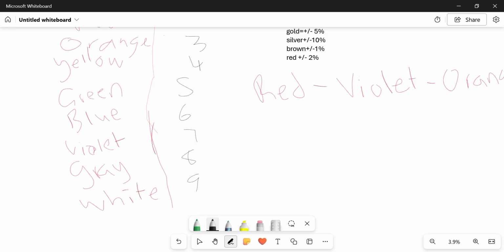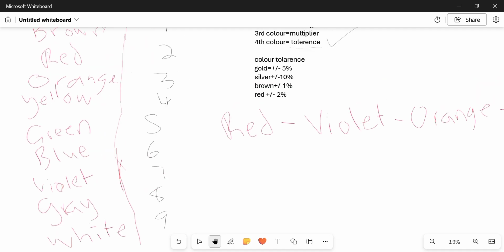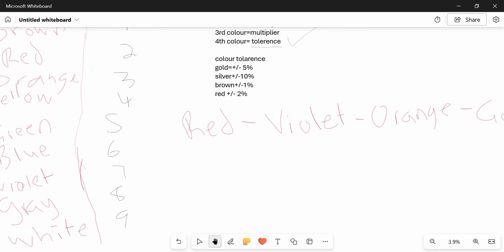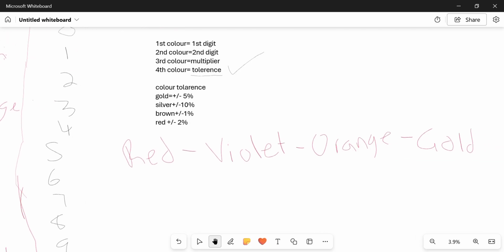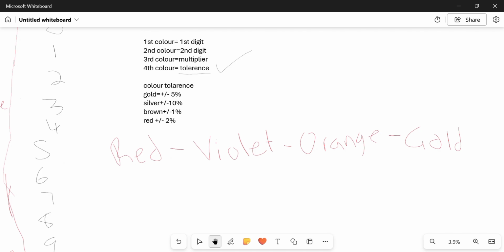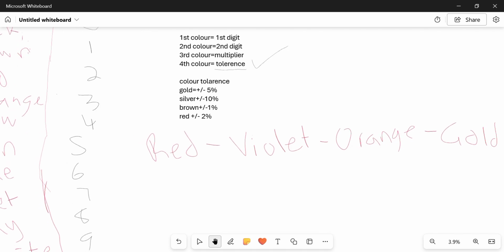So here is a question. Determine the accurate resistance using the color codes. Okay, so I said the first color is the first digit. Here is an example, here are the colors. The first color is the first digit, the second color is the second digit, the third color is the multiplier, the fourth color is the tolerance.